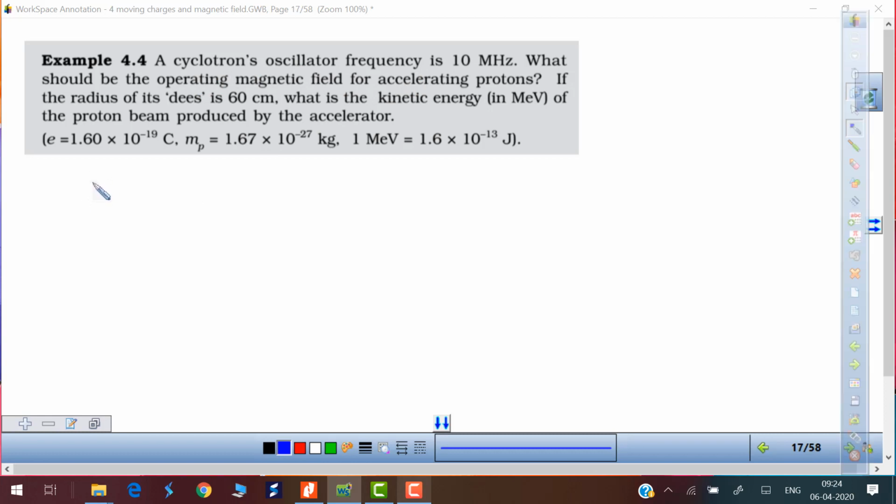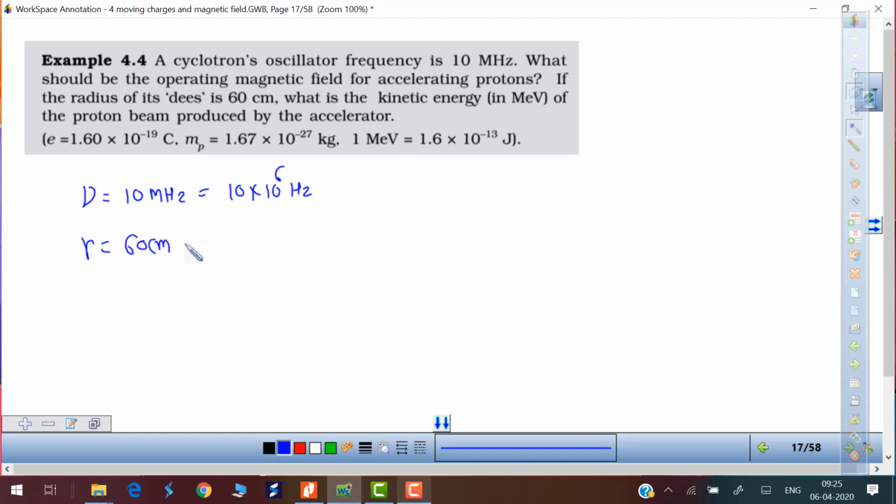So a cyclotron's oscillator frequency is given. So this is the frequency you have given, equal to 10 megahertz. So this is nothing but 10 into 10 raised to 6 hertz. Then what should be the operating magnetic field for accelerating protons?